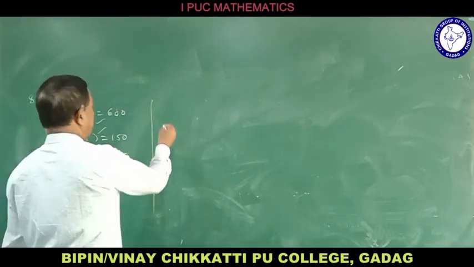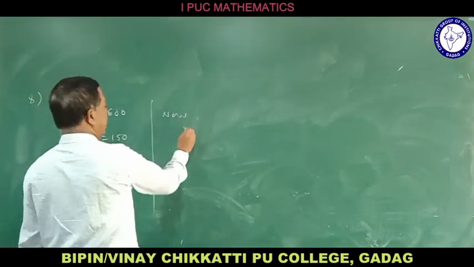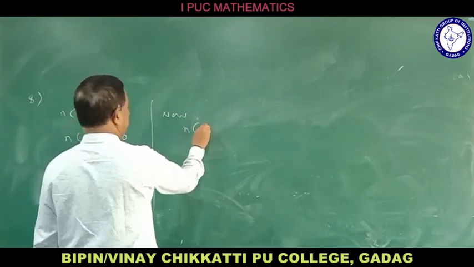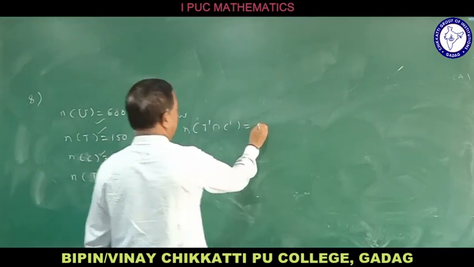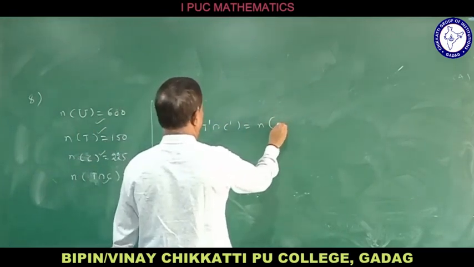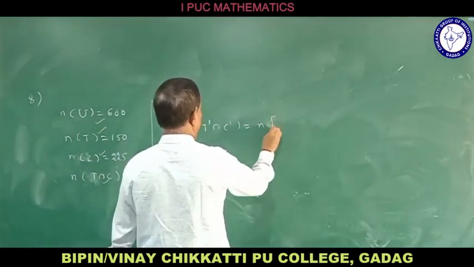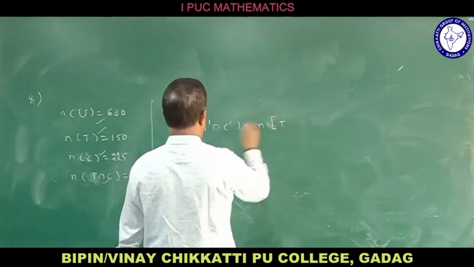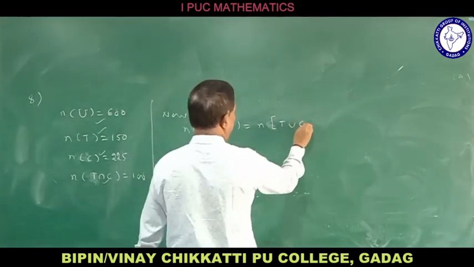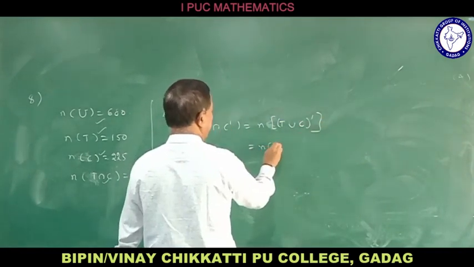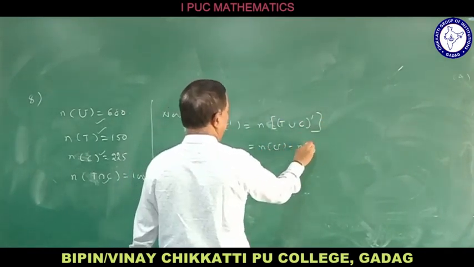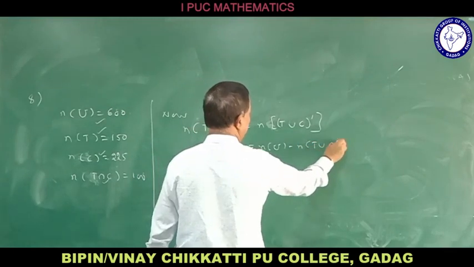Neither tea nor coffee: this is n of T dash intersection C dash. Already I told you this is n of T union C dash, which is n of U minus n of T union C. Correct or not?